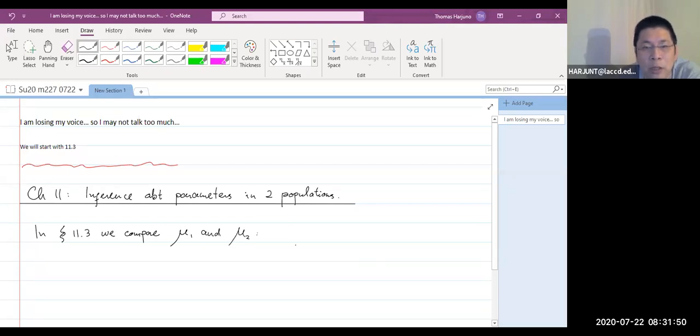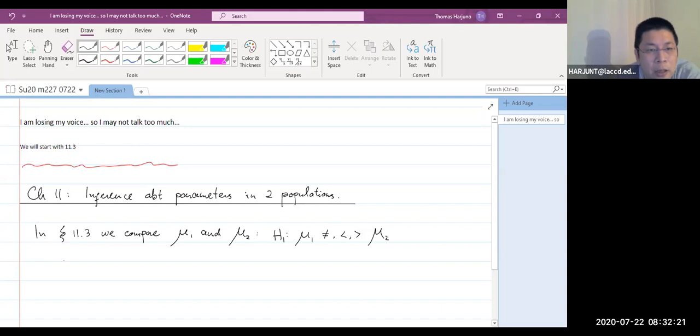That will be mu1 less than, greater than, or not equal to mu2. And you will see that because it doesn't have an equal sign, this goes to the alternate hypothesis.